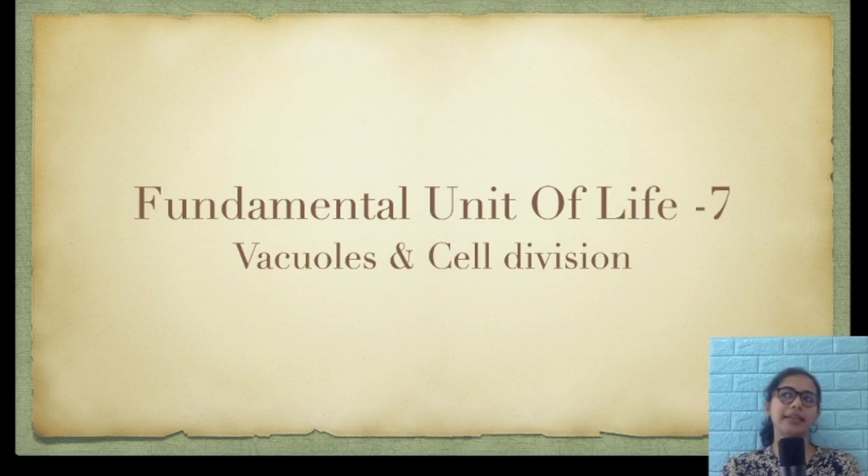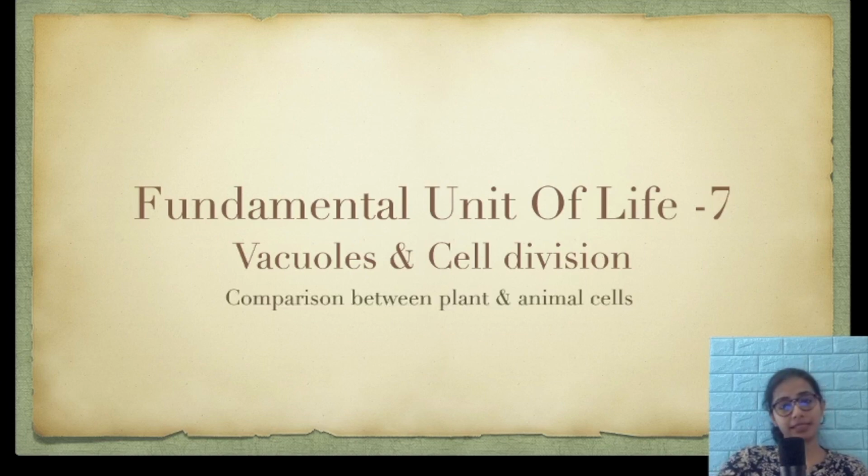And in unicellular organisms, it functions as food vacuoles and waste vacuoles, in the ingestion, digestion, and excretion, right? So that was about vacuoles. And in cell division, we learned there are two types for two purposes. We learned about mitosis and meiosis and their comparison. We also compared the plant and animal cells, right?